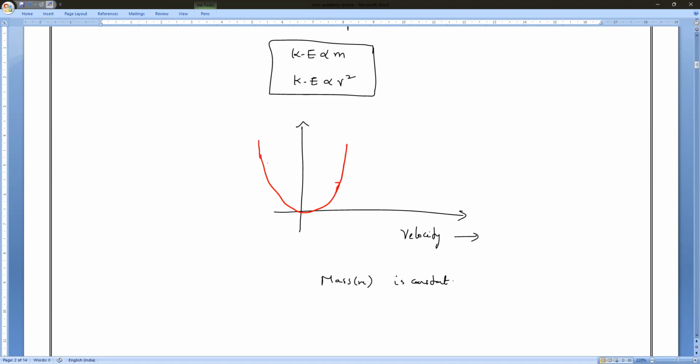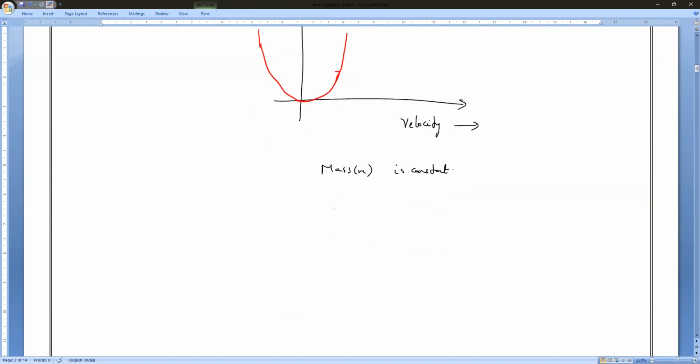So this is the graph when mass remains constant. Clear, everybody? Yes, sir.